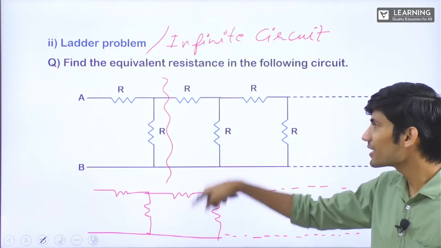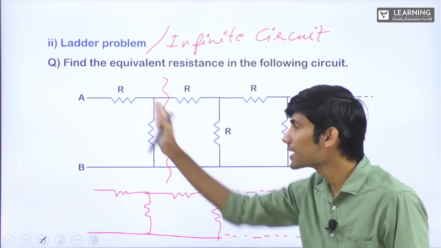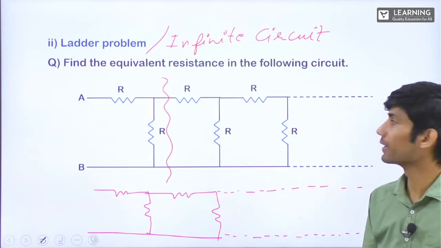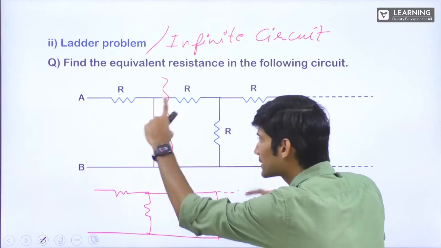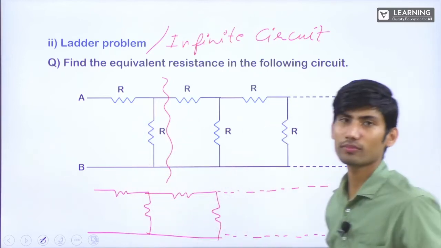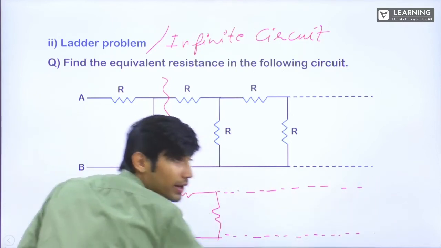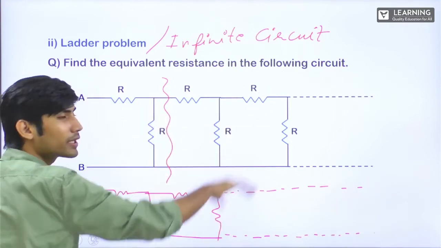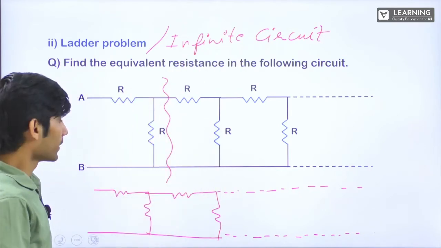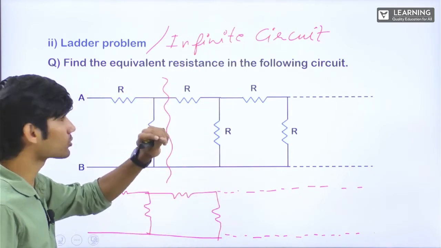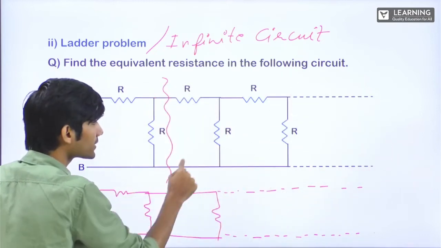Can you see both the circuits are the same? Right? Because the same pattern is repeating again and again. If I cut it from here, if I make this circuit here, still both are the same. So that means the R equivalent of this circuit and the R equivalent of this circuit will be the same because it's an infinite circuit. Right? The R equivalent of this and this will be the same. So what I can do is remove this entire part and make it one resistance, R equivalent.